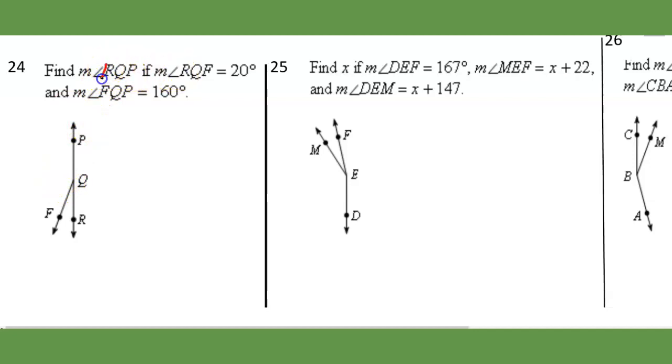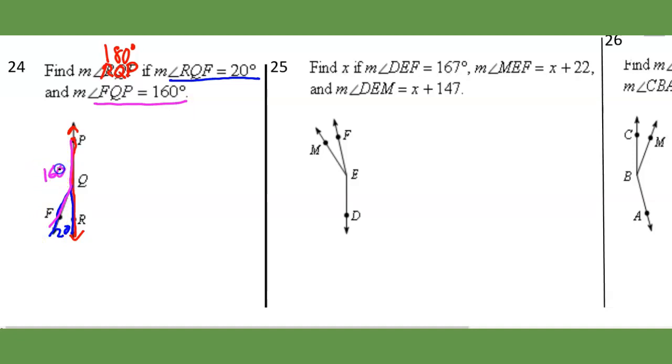So we're trying to find RQP. Which actually looks like a straight angle. My guess is this is going to be 180 degrees. Let's go through and verify. So we have RQF is 20, and FQP is 160.